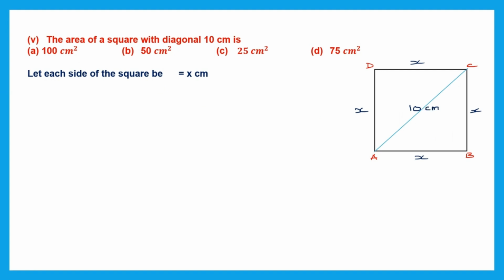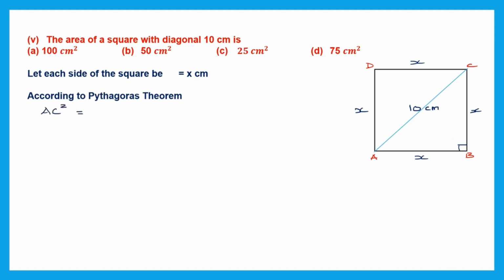So this we can see is a right angle triangle. According to Pythagoras theorem, the hypotenuse, now which is the hypotenuse? The side that is opposite to the right angle is the hypotenuse. The hypotenuse square is equal to the sum of the squares of the other two sides according to the Pythagoras theorem. So let's make use of that. So according to the Pythagoras theorem, let's take the hypotenuse, that is AC square.